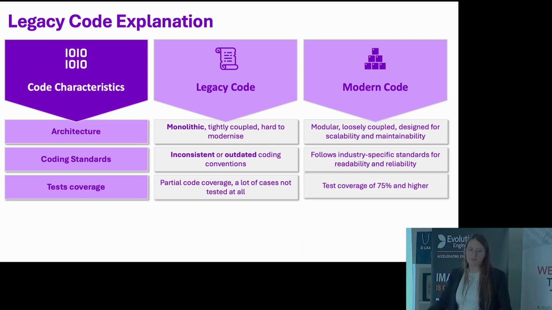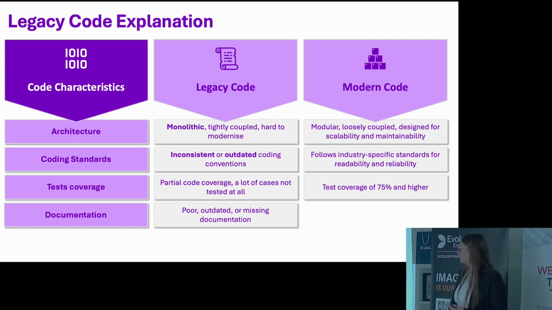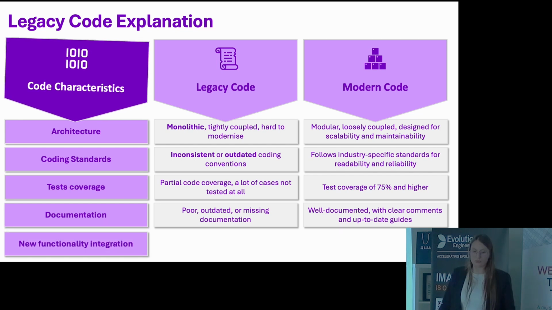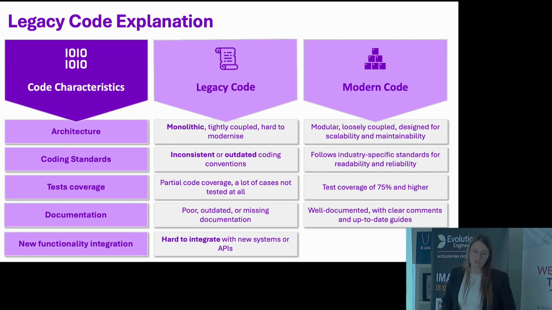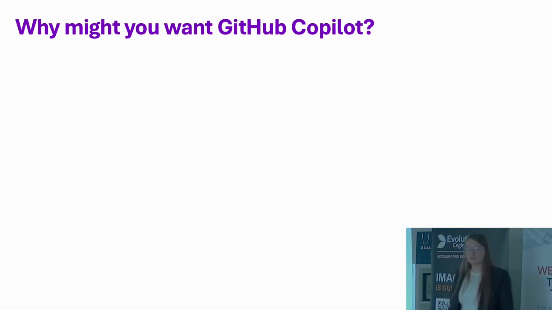Then it helped increase the test coverage for our very poorly covered monoliths up to 75% on average. It has also helped us create the documentation, and it overall makes the integration of new components into this monolith much easier.